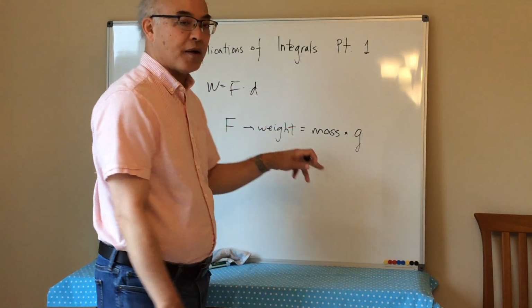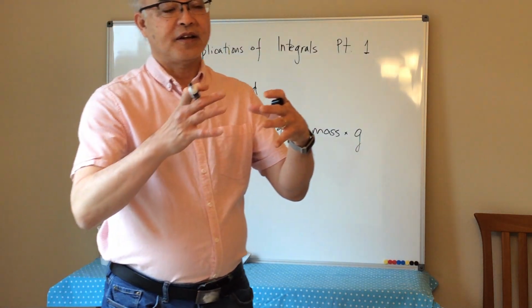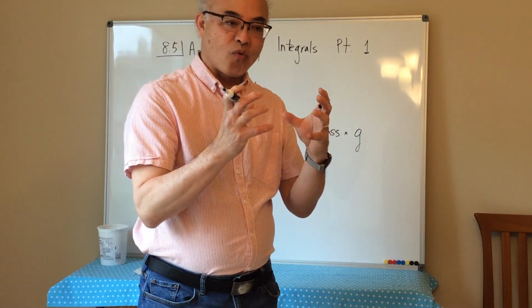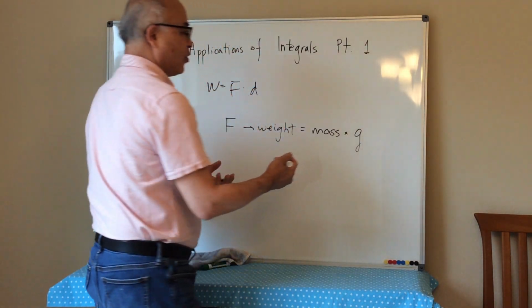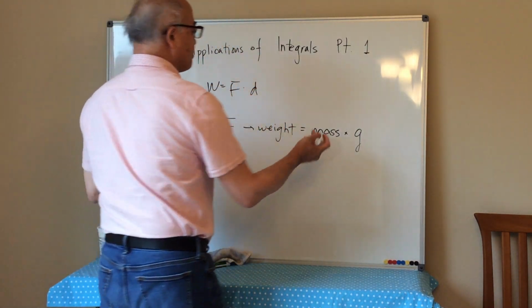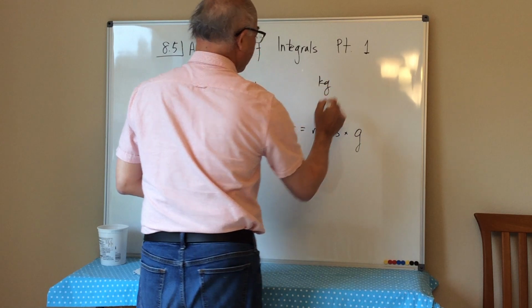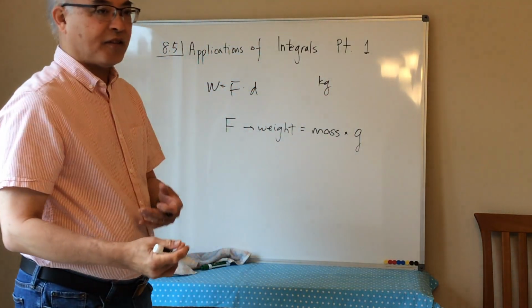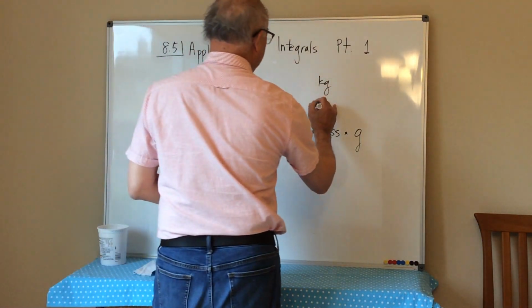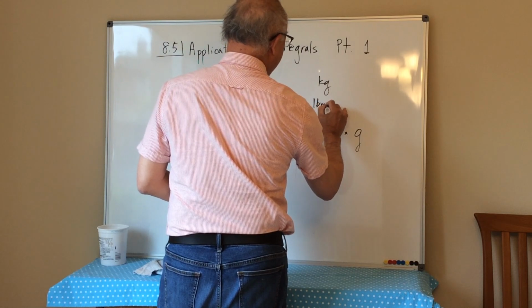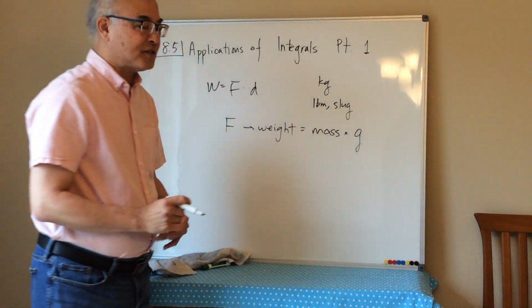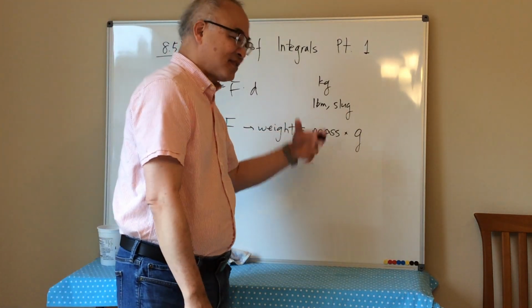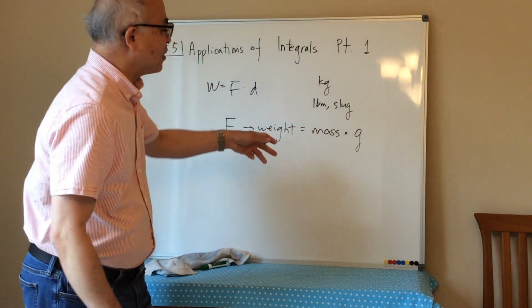Mass is a unit of what is there, right? So mass in your SI units would be kilograms, and in the British unit, mass would be pounds mass, or for those of you who understand, there's slugs. You're not going to have to worry too much about pound mass.